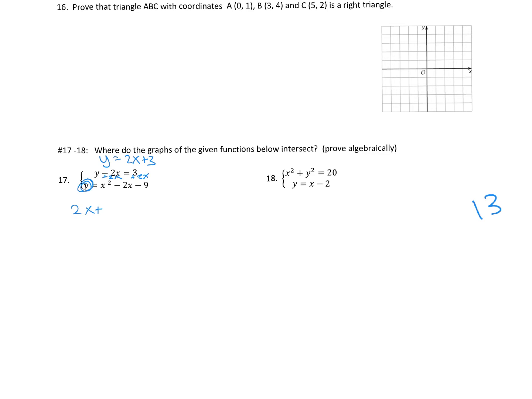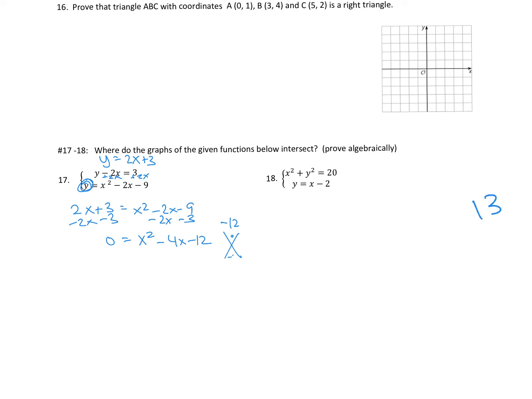So I get 2x plus 3 equals x squared minus 2x minus 9. I'm going to subtract the 2x over. I'm going to subtract the 3 over, and I get 0 equals x squared minus 4x minus 12. I have to do that because it's quadratic, and I can't solve it unless I get it equal to 0. So now I've got a diamond, -12 at the top.